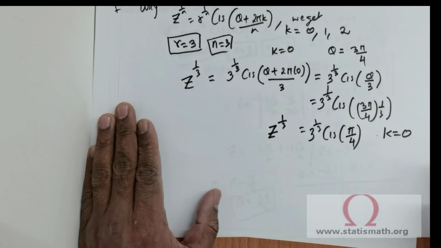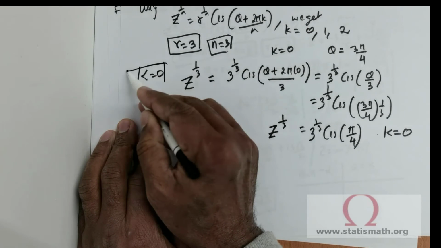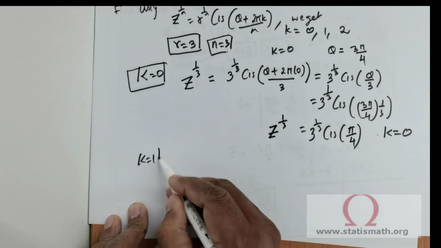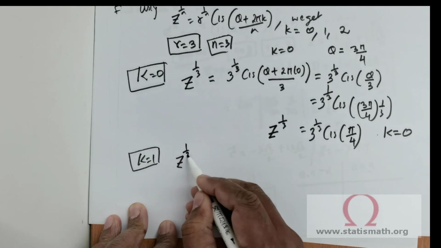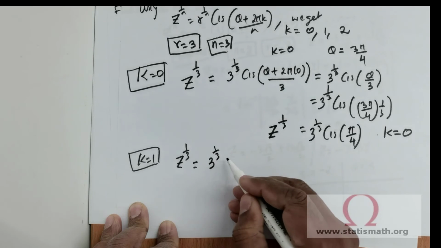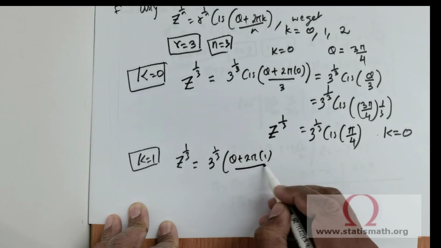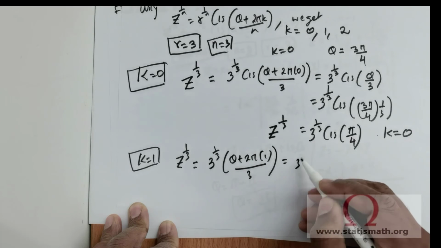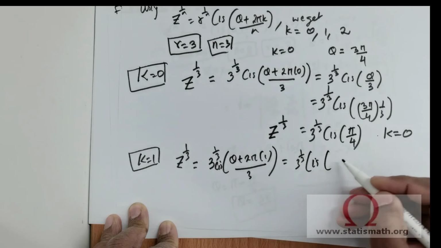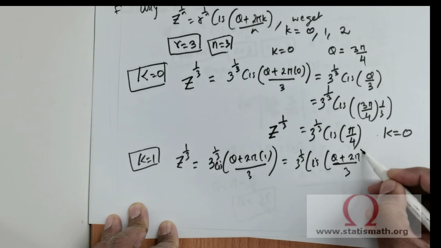Now when k is equal to 1, what will be the value? So k is equal to 1, this is going to be z raised to the power 1 over 3 is equal to 3 raised to the power 1 over 3 cis of theta positive 2 pi divided by 3.